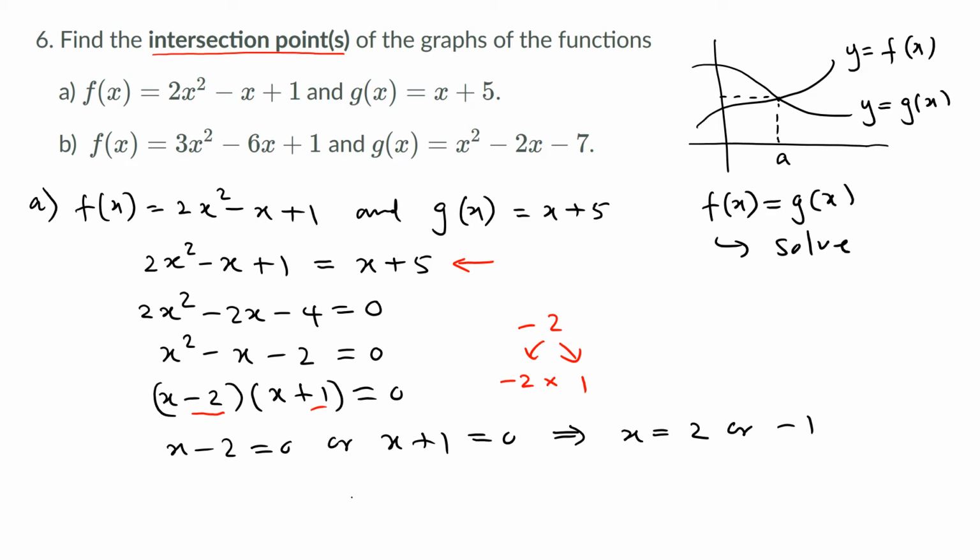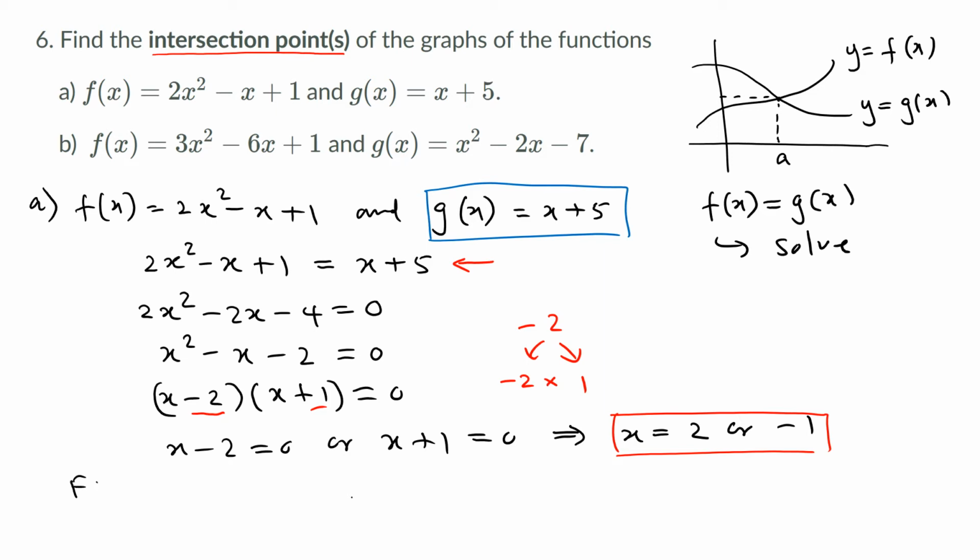The next thing you need to do, because you're asked for the intersection points, is realize these are just the x values. To get the intersection points, we plug these values into one of those functions and find the corresponding y value. We normally plug into the easy one, and you can see this is the easy one. So we're going to plug into this one. It doesn't matter which one, but that's the easy one.